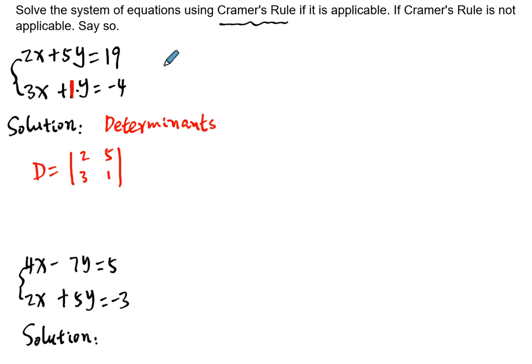So we have a coefficient matrix, which will be 2, 3, 5, 1.